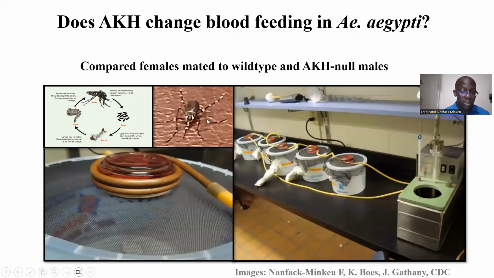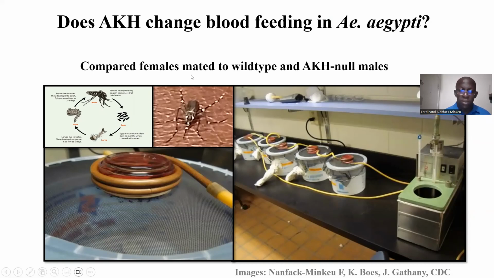This is an example of Aedes aegypti trying to bite someone. In the lab, we give blood to the females to complete the life cycle of the mosquito. You can see the system that we use; we have several systems for blood feeding.